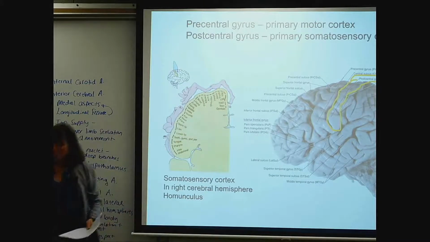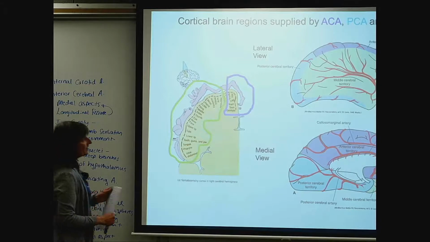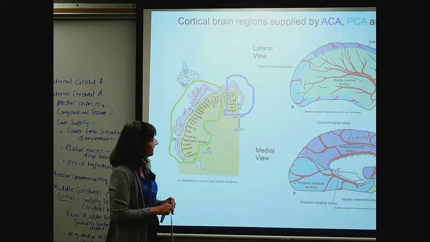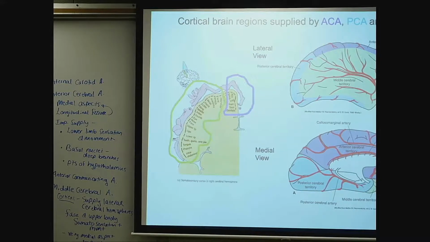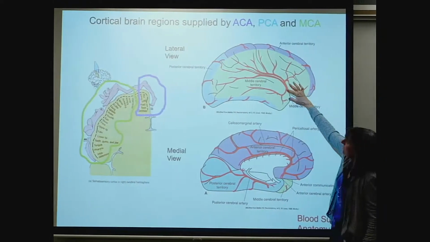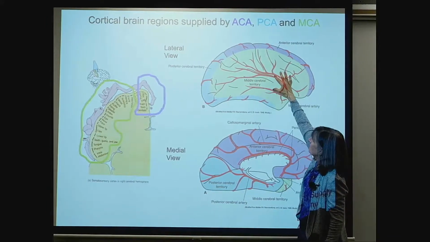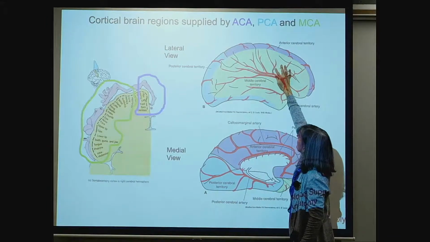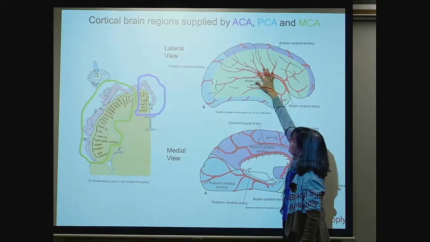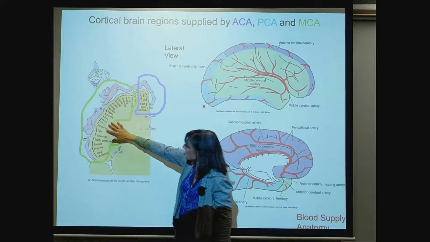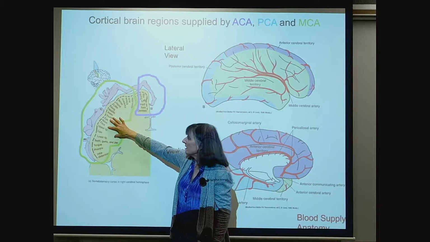So what I told you earlier in this video is that our middle cerebral artery and our anterior cerebral artery supply different areas. The middle cerebral territory is going to supply lateral areas. So if one of these vessels here is blocked, it'd be right back here, I guess, that's going to end up affecting somatosensory sensation from the face or the upper body.